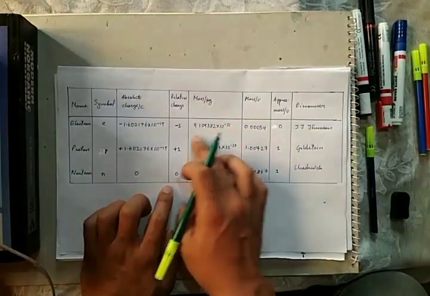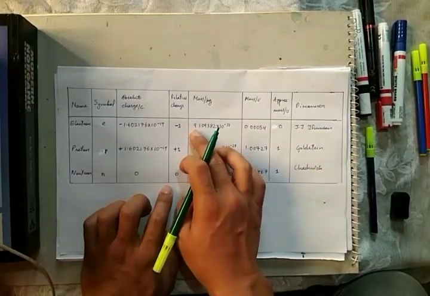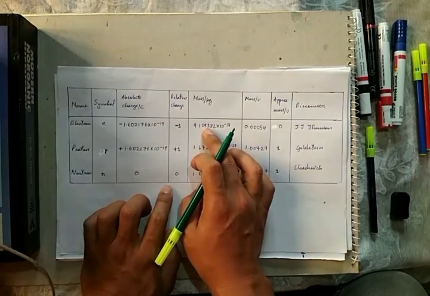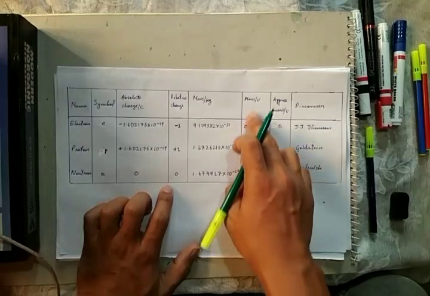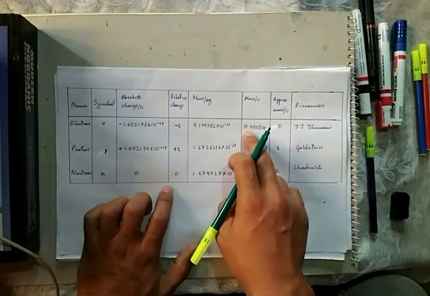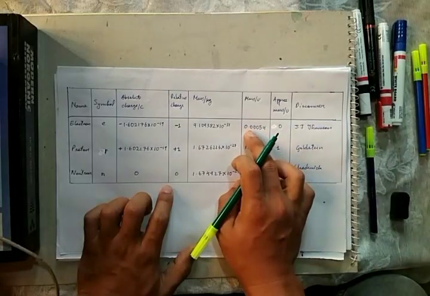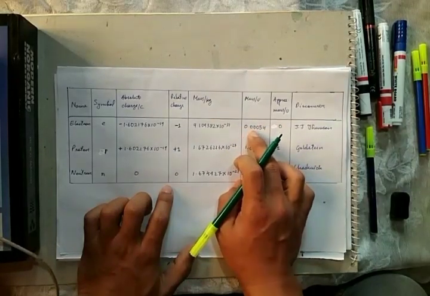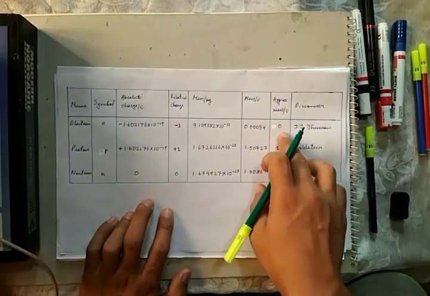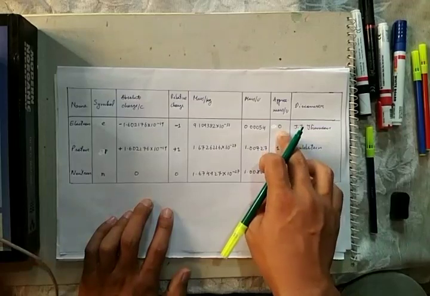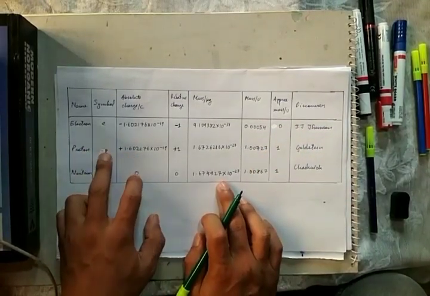Mass in kg is 9.1098382 × 10^-31. The atomic mass is 0.0054, so the approximate mass is 0 for the electron.